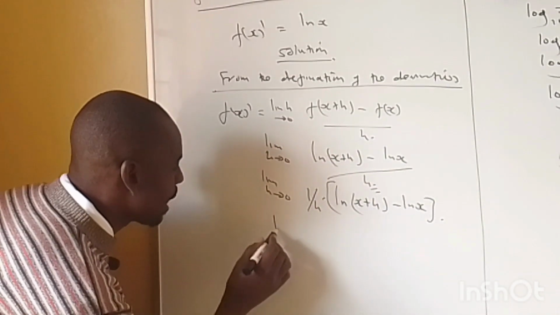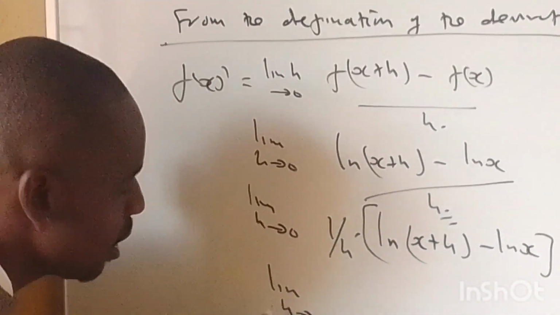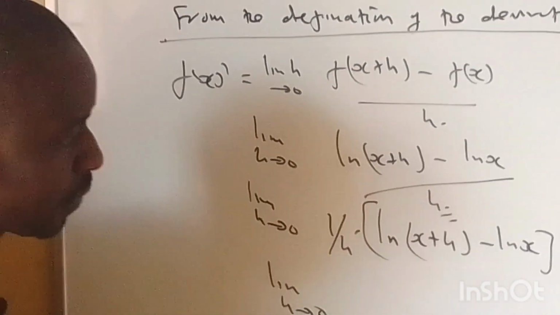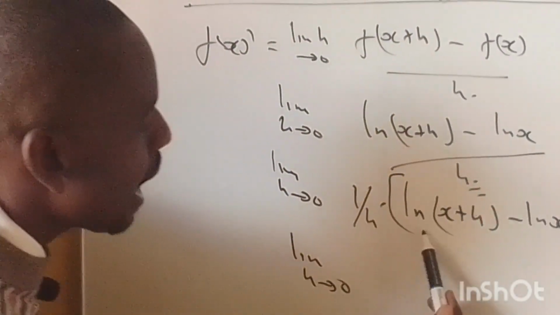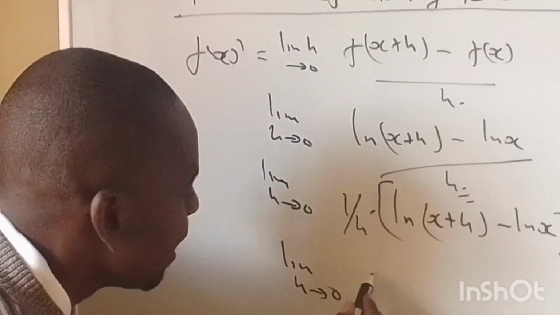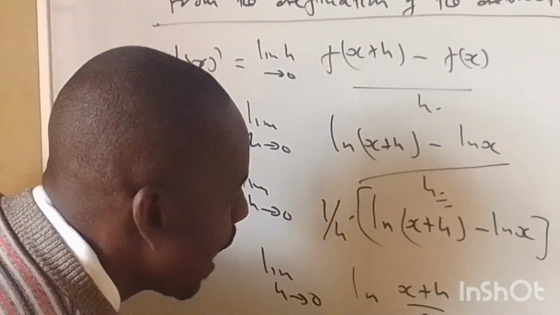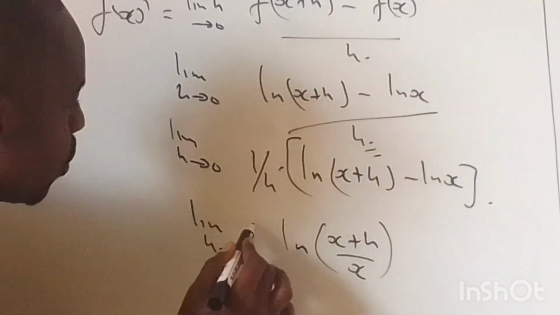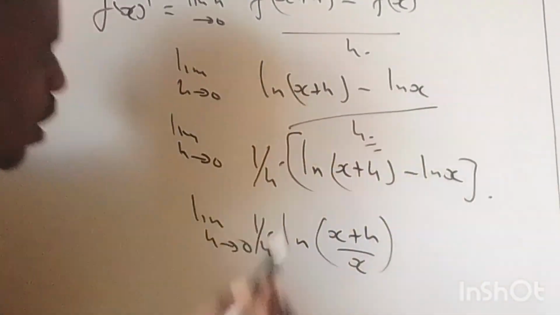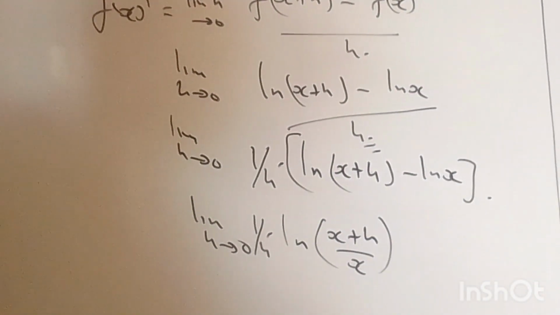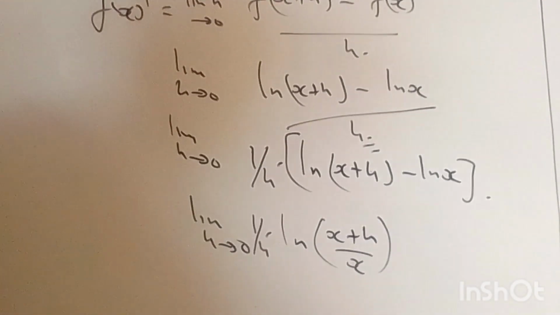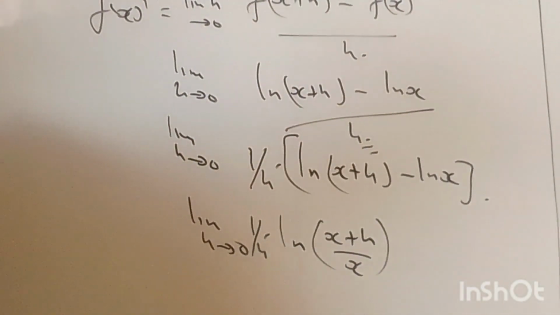So as the limit, again, h is tending to 0, we can apply the law of logs here. So we have the natural log of x plus h over x, sorry, multiplied by 1 over h.